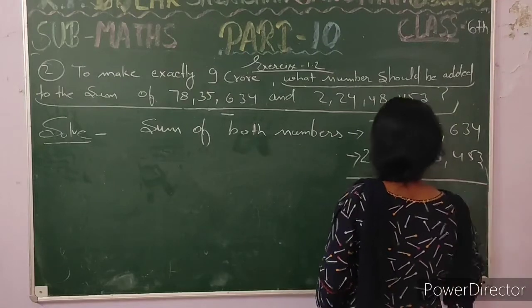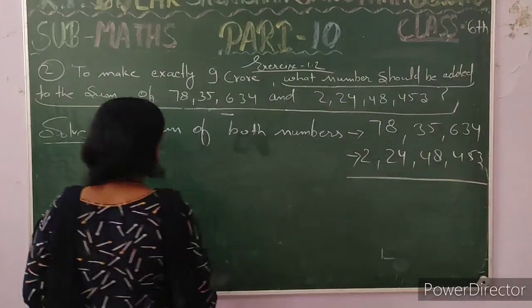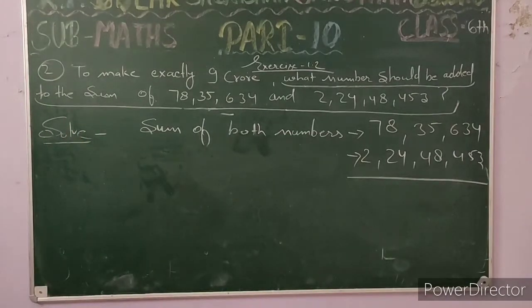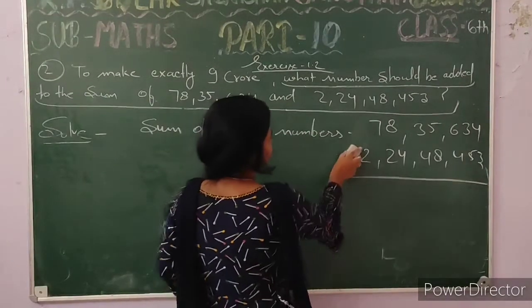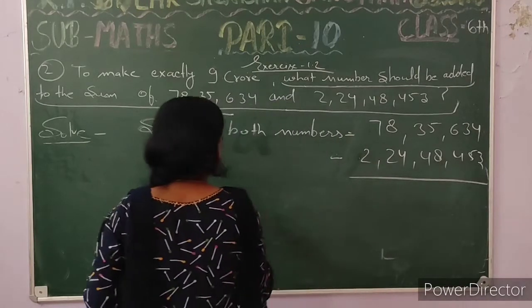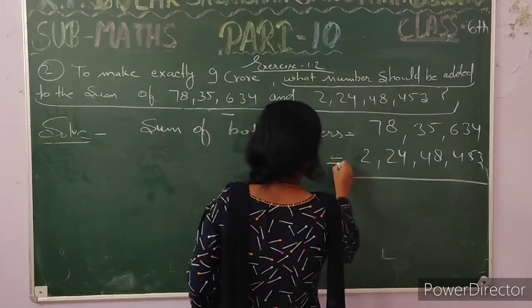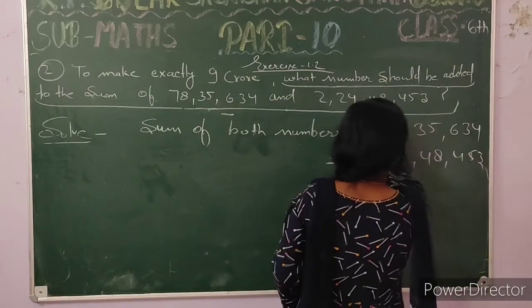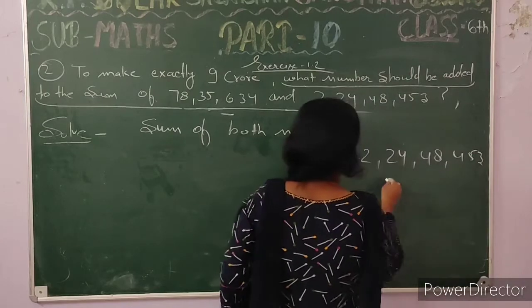Okay students, so you can add both numbers. Roughly, you can write the smaller number's digits here.